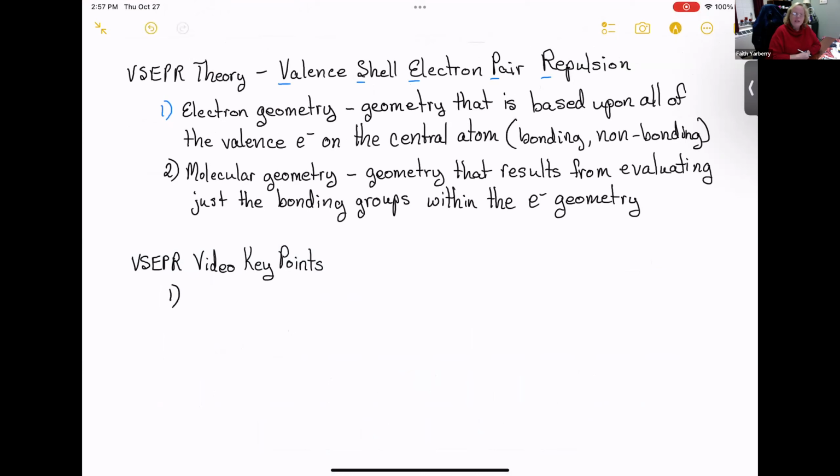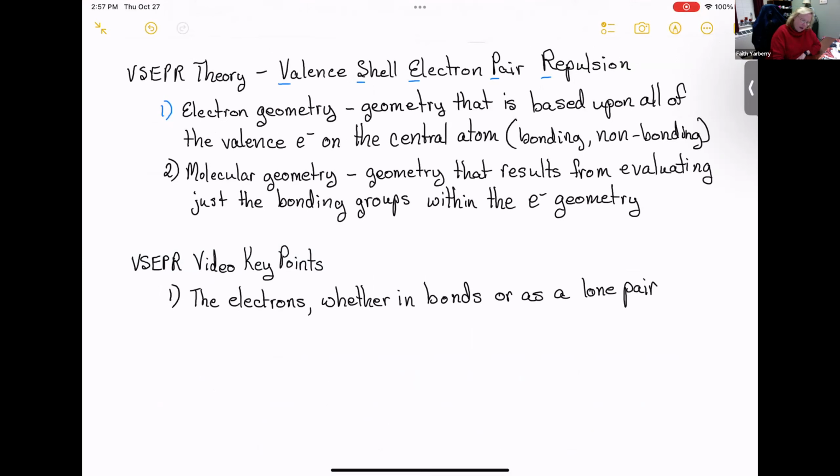So the first key point to this video was that the electrons, whether in bonds or as a lone pair, will arrange themselves so as to minimize repulsions.